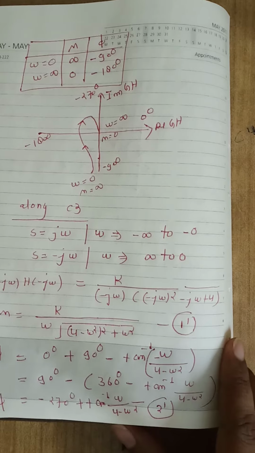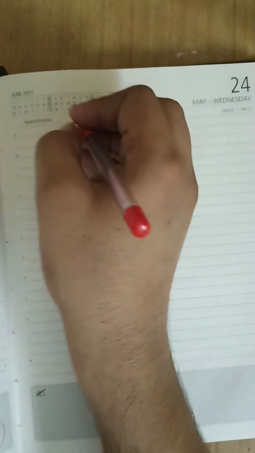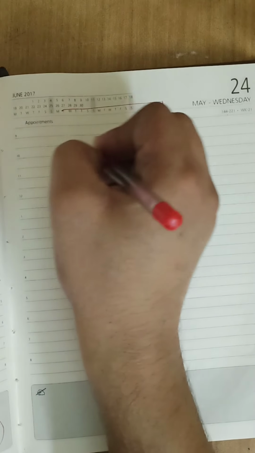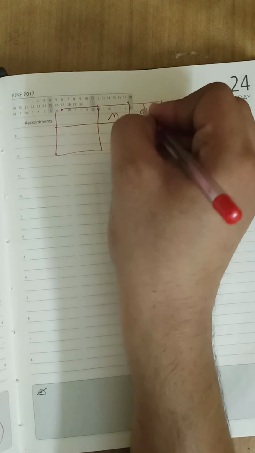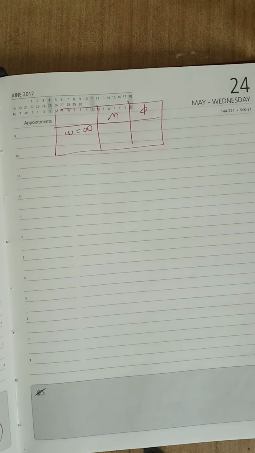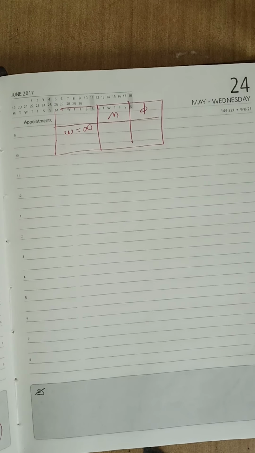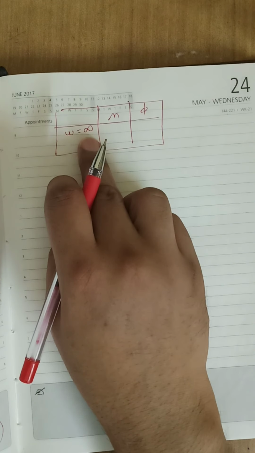Now let us define value of magnitude and phase angle for omega equal to infinity and for omega equal to 0. First for omega equal to infinity, because in section C3 omega is varying from infinity to 0. That's why first we will consider omega equal to infinity.